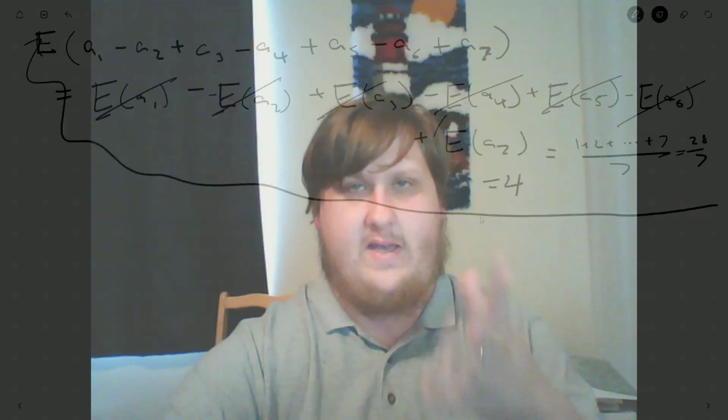But I'm not going to do it because in a high school level contest, we don't usually talk about expected value in most high school curriculum, and I think I also would need to write a little bit of a justification as to why EA1 is the same as EA2 is the same as EA3. It's not going to be hard, but that would be something I should add in here. And also, I should probably explain a bit better how I calculated EA7 is 4 to get full marks. But there's my very quick, rough estimate. I think the answer should be 4.